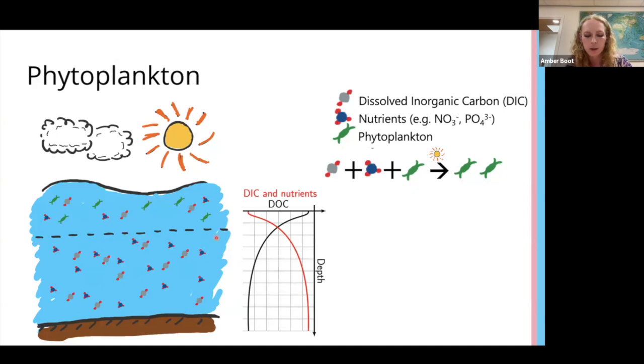So here it becomes clear that ocean circulation is very important. We need some sort of mixing and entraining of nutrients from the deep ocean into the surface ocean to enable photosynthesis, production, and an increase in biomass in the surface ocean.